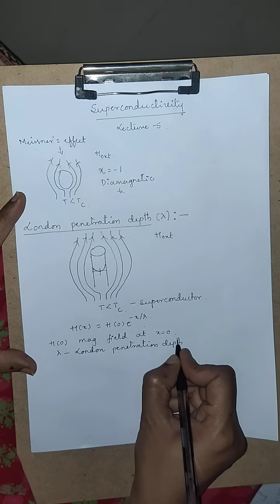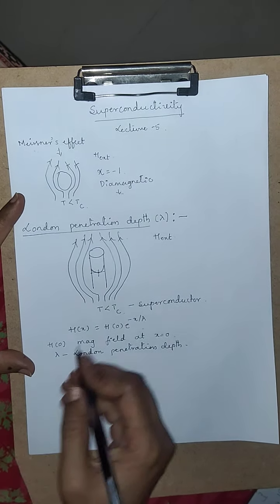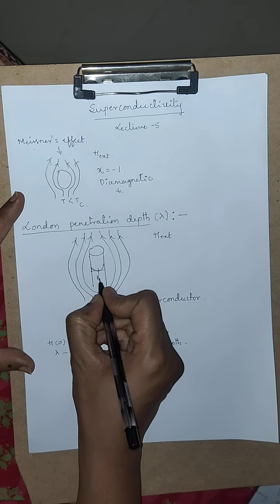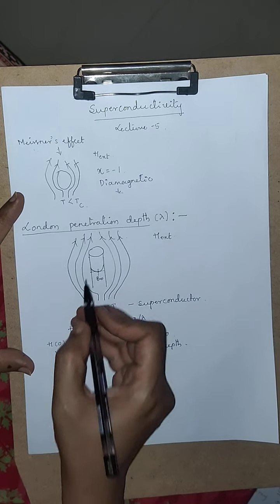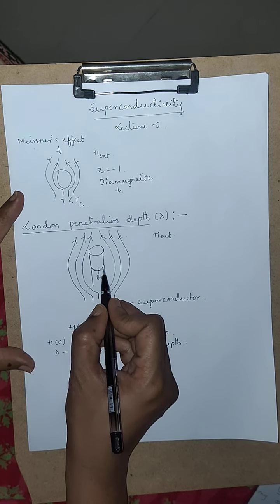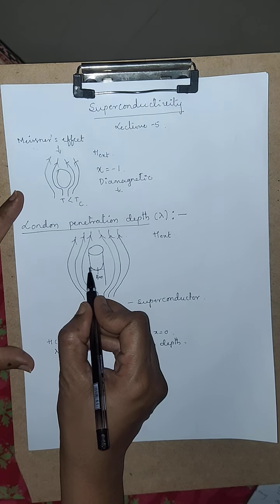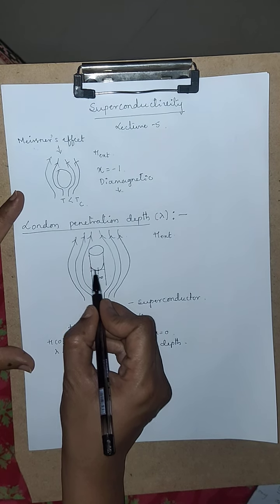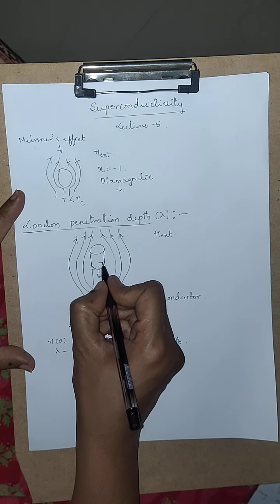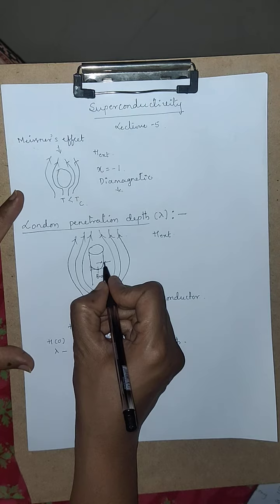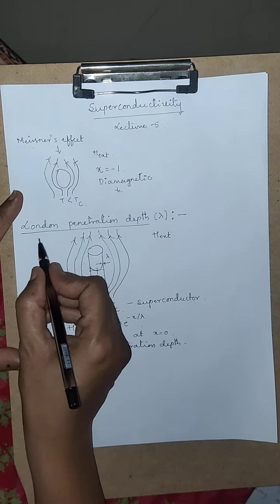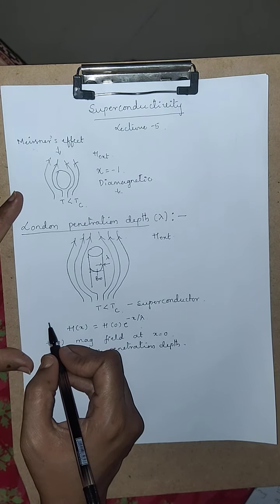We mean to say that from this equation, though the flux at the interior of the body is 0, B equals 0, at the end of the material or the exterior of the material, there exists a small amount of flux which penetrates the material, and this distance through which the magnetic flux penetrates is denoted as lambda, and it is known as London penetration depth.